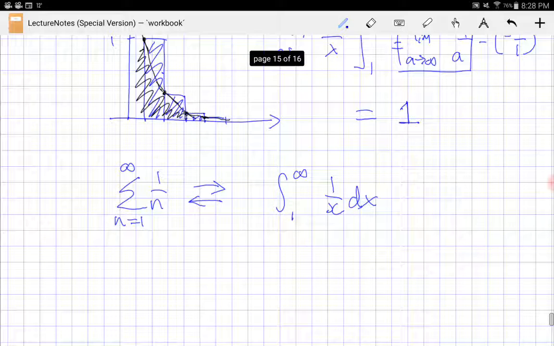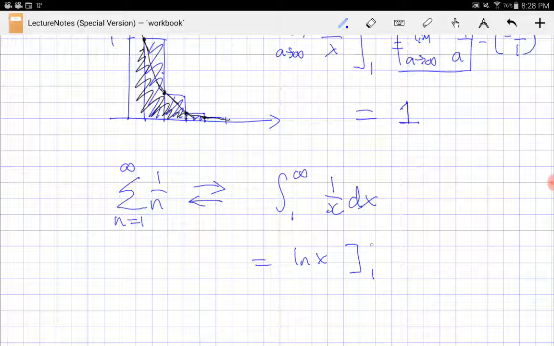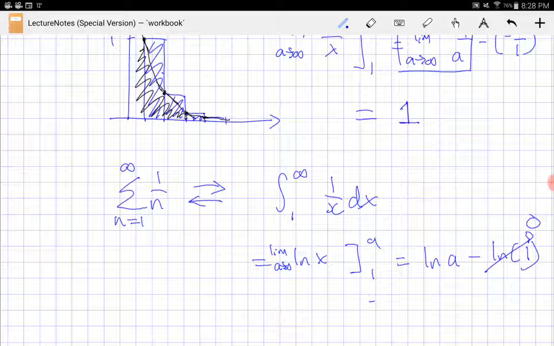And so we know that this is equal to ln of x from 1 to infinity. Or let's say the limit as a goes to infinity of ln of x from 1 to a. This equals ln of a minus ln of 1. Ln of 1 does equal 0. So this is the limit as a goes to infinity of ln a.